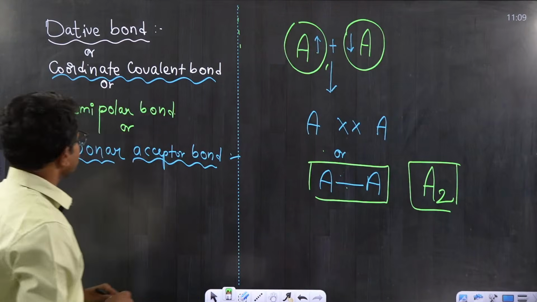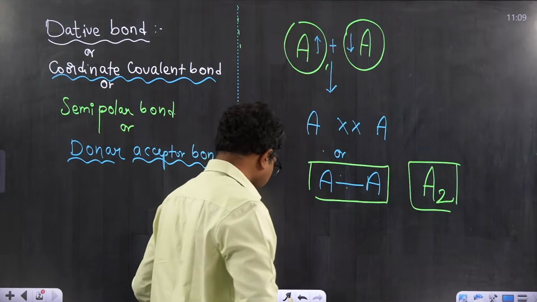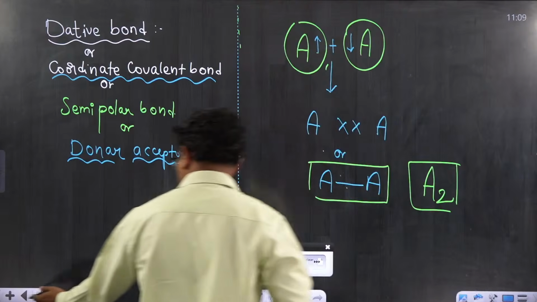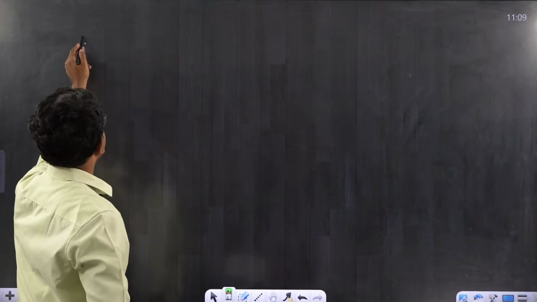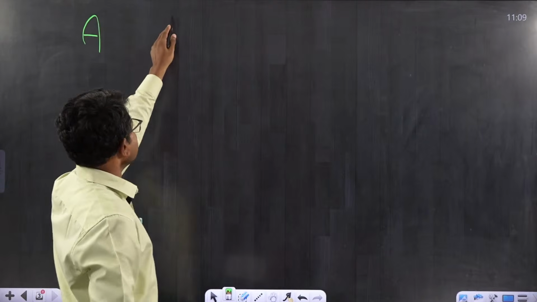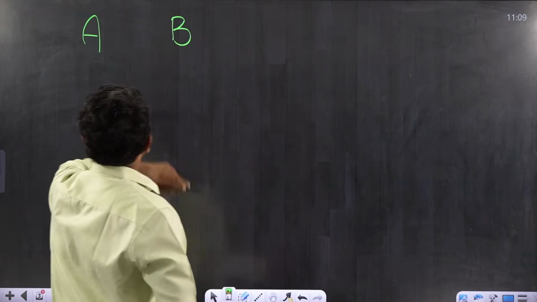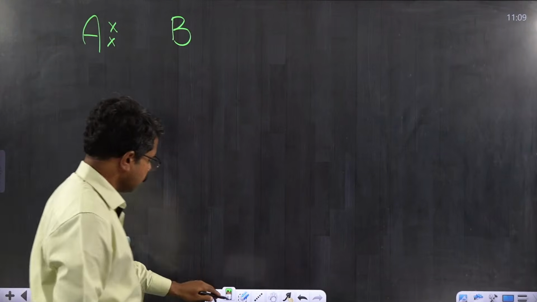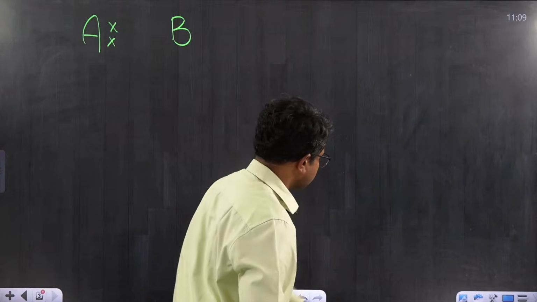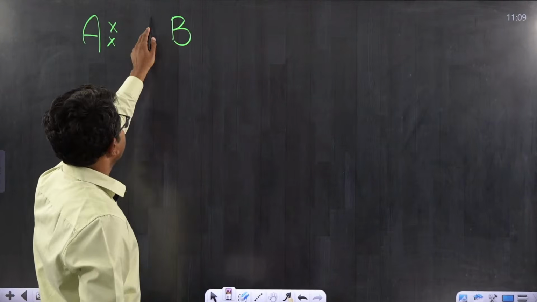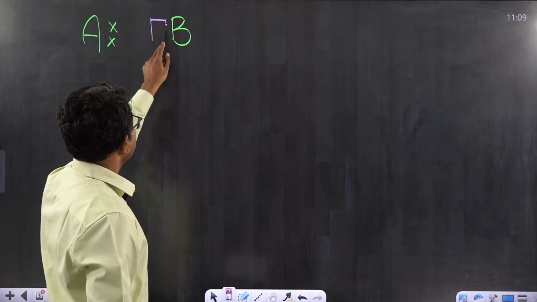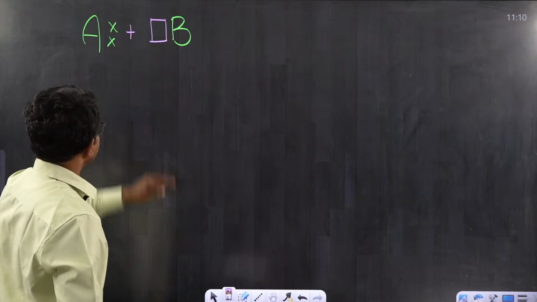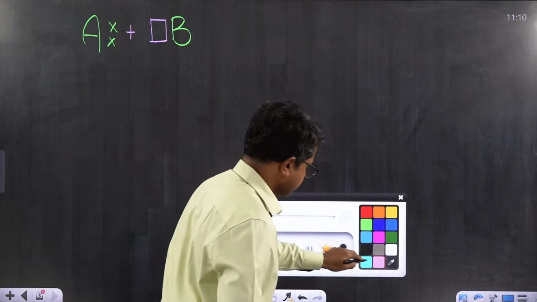Whereas in the case of a Dative bond, let us assume the formation of a Dative bond between atoms A and B. Consider that A atom has 2 electrons and B doesn't have any electrons for contribution to the bond. So B has a vacant orbital and A has an orbital with 2 electrons.